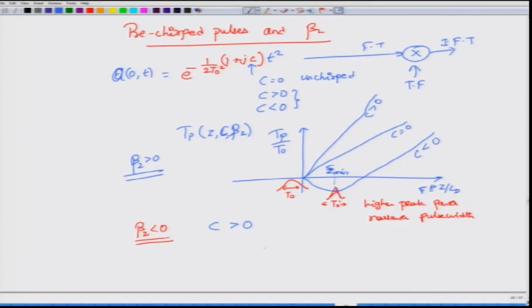So, essentially what you are looking for is the sign of the product of beta 2 and C, and if this sign turns out to be less than 0, that is both have opposite signs, then you will actually see pulse compression.